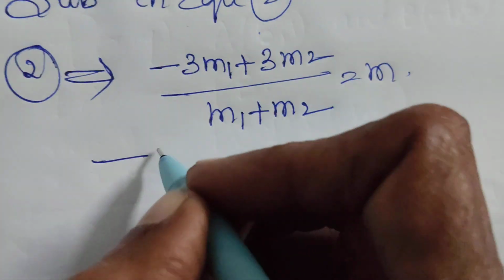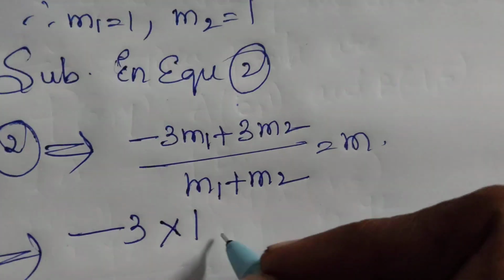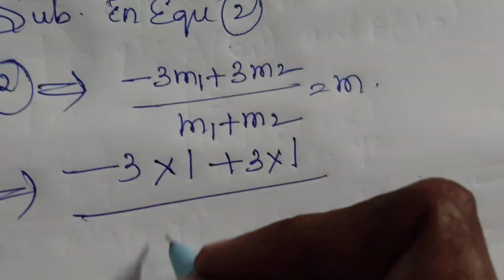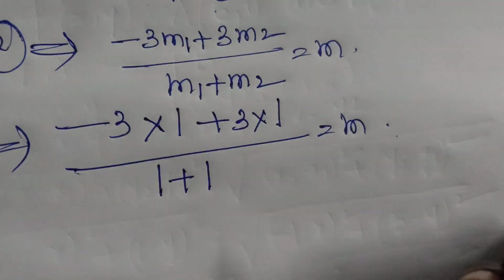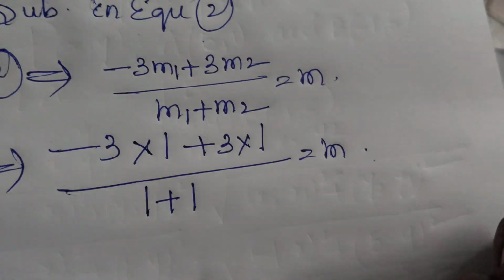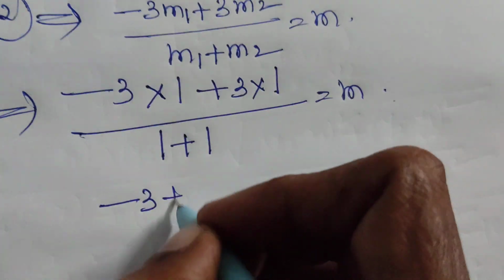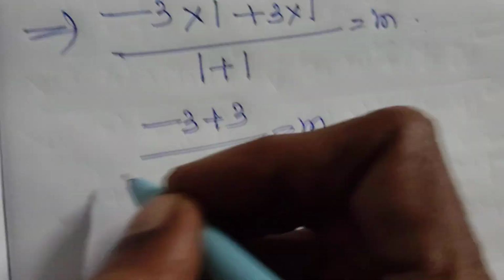Now minus 3 into m1 means 1, plus 3 into m2 means 1, by m1 plus m2, 1 plus 1, equals m. Now (-3 + 3) / 2 = m.